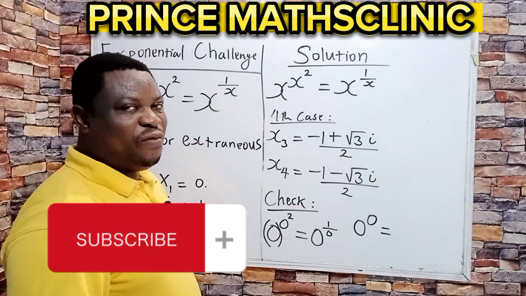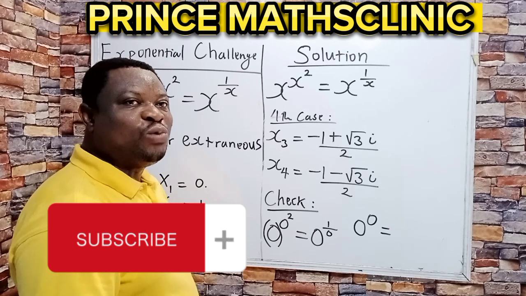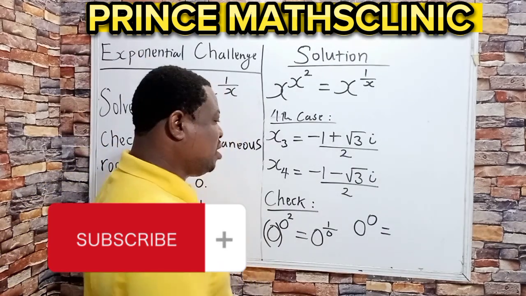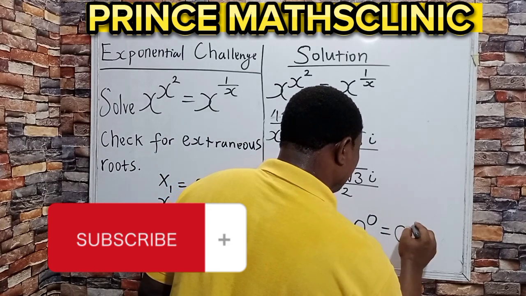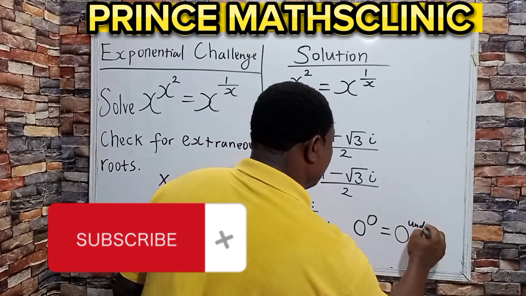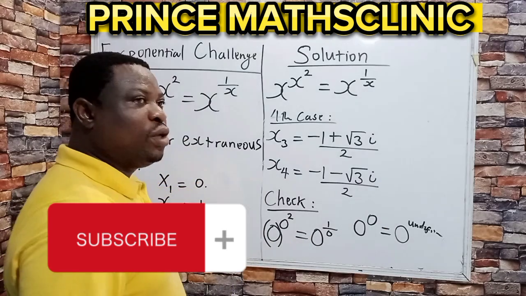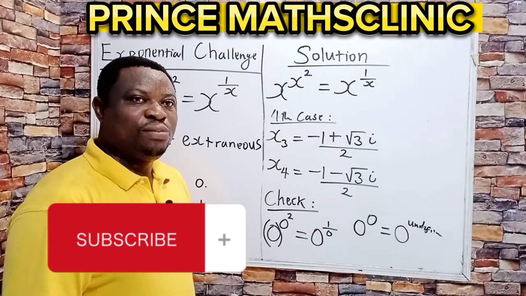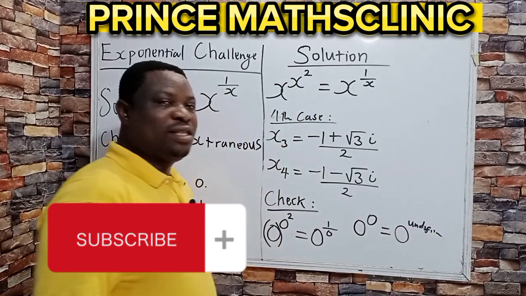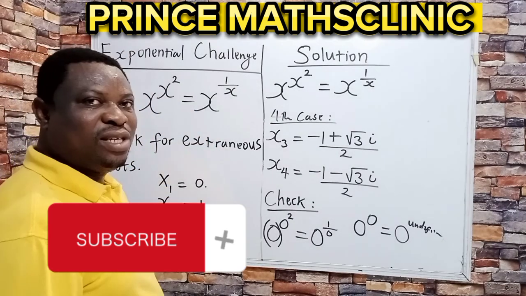It is undefined, because you are saying that you are going to divide 1 by nothing. It's undefined or infinity. So this becomes 0 raised to the power undefined. And 0 to the power of 0, what does it mean? Nothing to the power of nothing. It's not the same as 0 to the power of undefined. So 0 is not a solution to this.